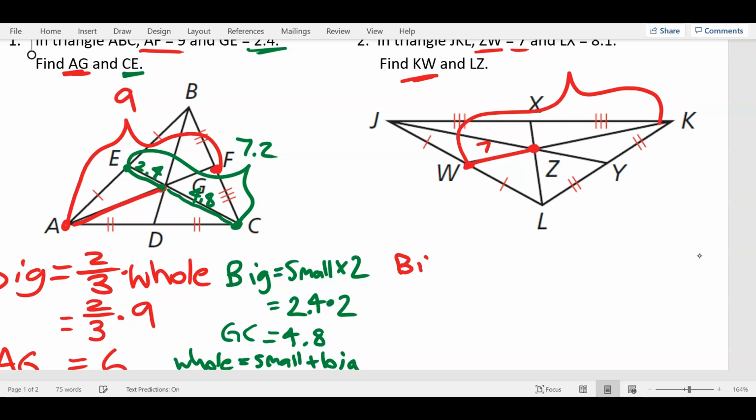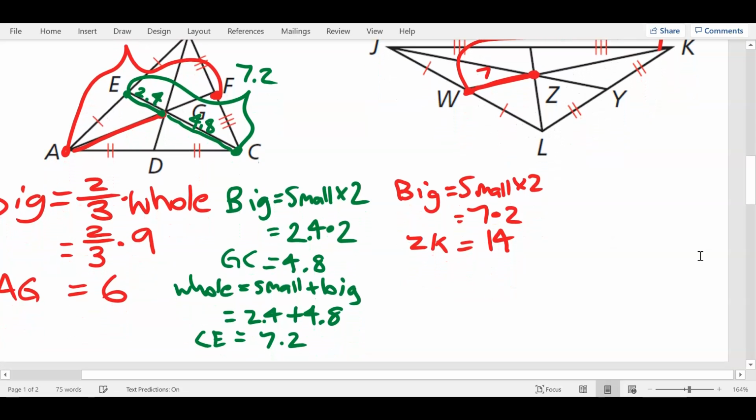So the big equals the small times 2. The small one we just said is 7, so 7 times 2. What's 7 times 2? So ZK, the bigger one, is 14. We know the small one is 7.